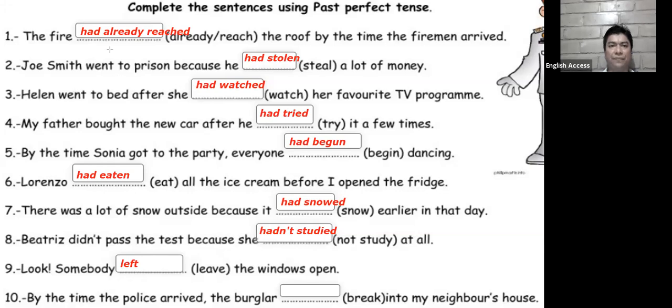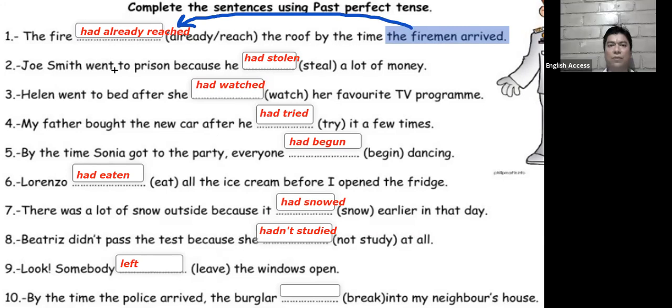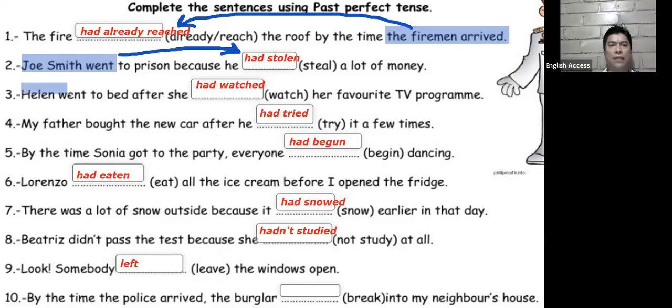Number one: by the time the firemen arrived, so this is past perfect, had broken. Number two: Joe Smith went, and the other one is past perfect. Ellen went, she had watched.